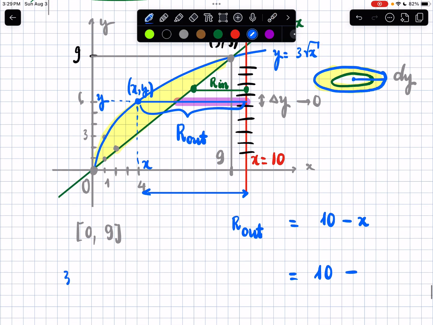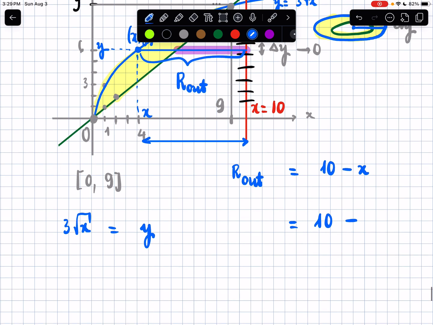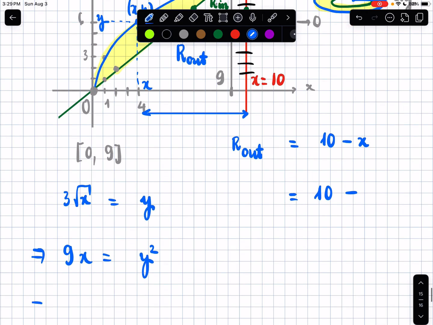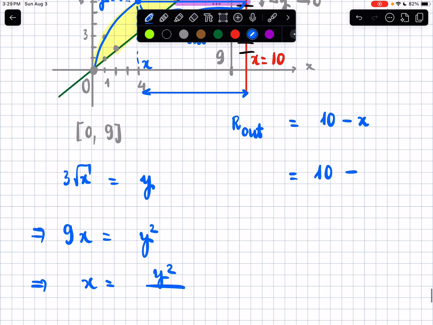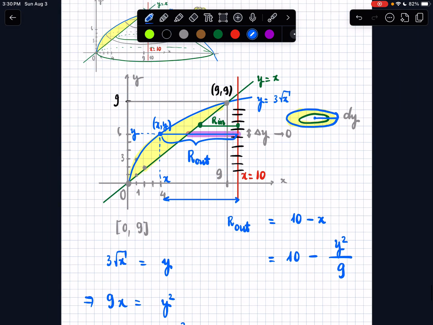This means 9 times x equal to y square. We square both sides. So this means x equal to y square divided by 9. So this gives us the outer radius. We want to write down everything in terms of y. That's why we do this.